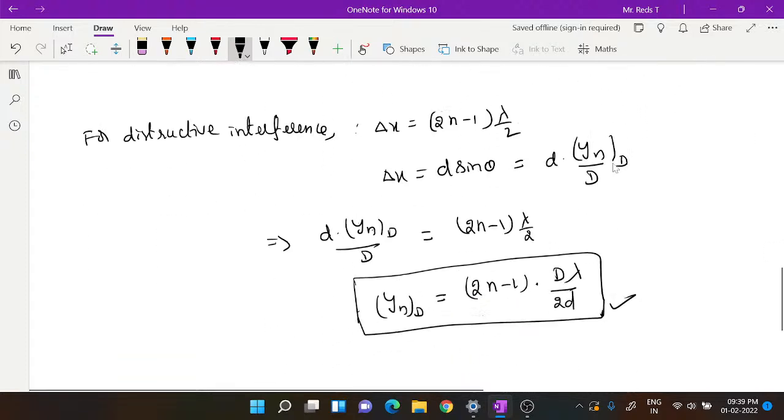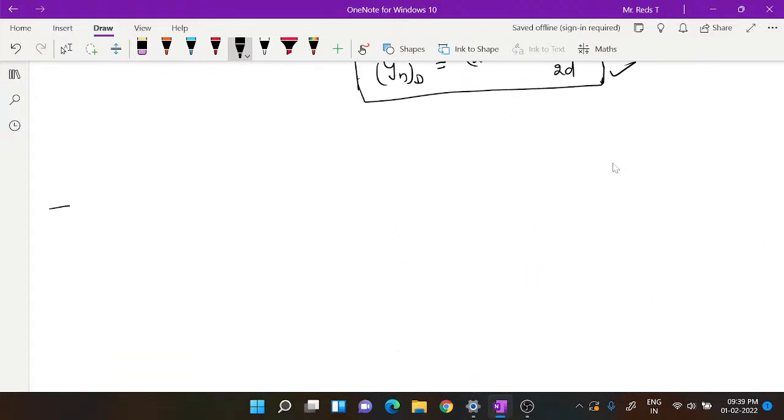So let us try to write these expressions separately: the position of nth bright fringe and the position of nth dark fringe. The position of nth bright fringe is n into capital D lambda by small d.